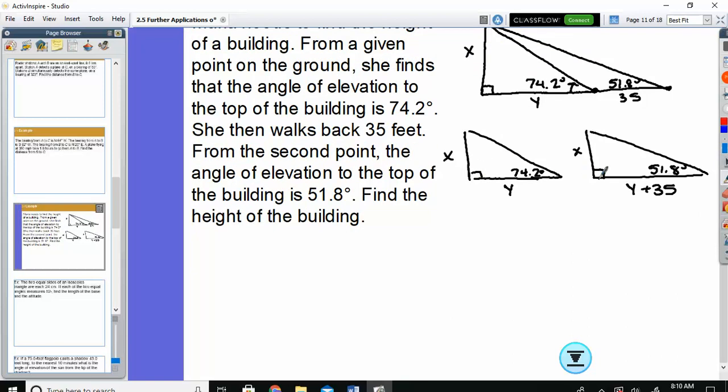So we did one of these in the last section, and we didn't have any on the homework like yet, but we have to find x. So if I looked in this first triangle, x is opposite, y is adjacent. What trig function is that? Tangent. So the tangent of 74.2 degrees equals the opposite side x over the adjacent side y.